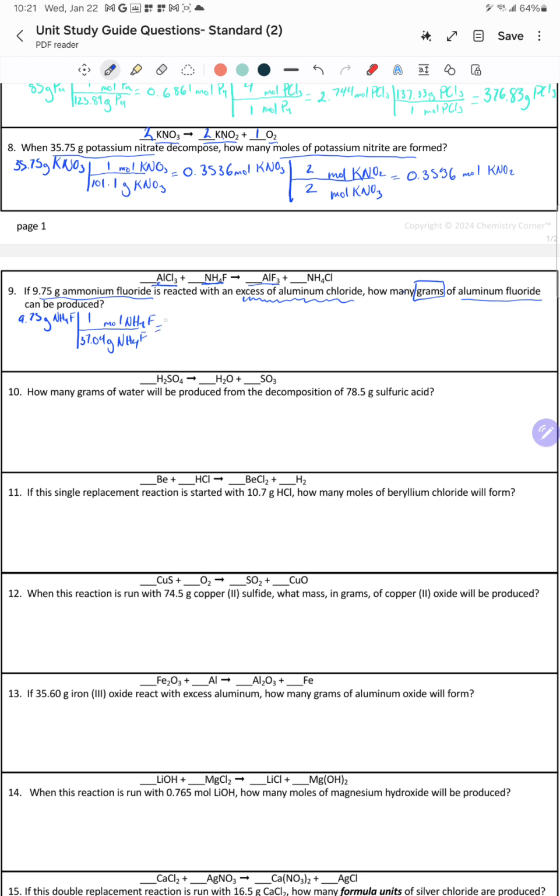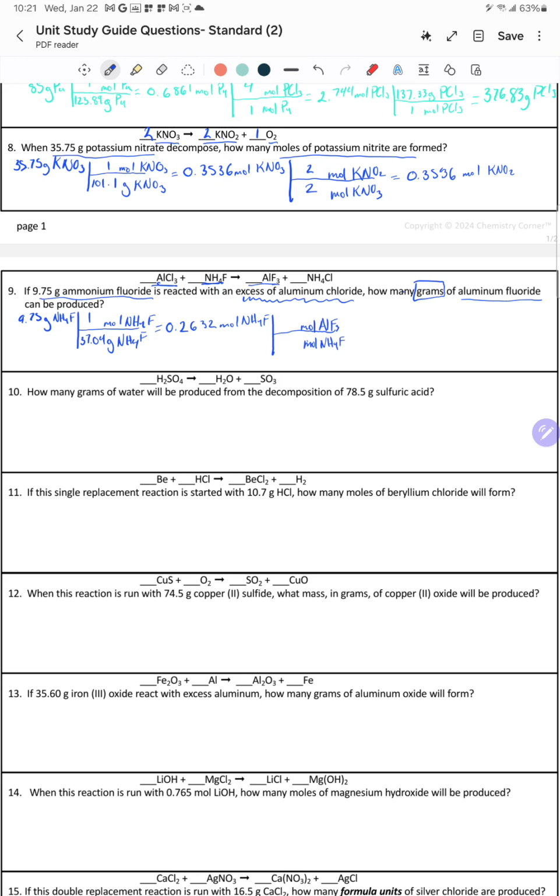And when you calculate this, it should give you 0.2632 moles of ammonium fluoride. Now I've got to convert moles of ammonium fluoride to moles of aluminum fluoride. So I need to go from moles of ammonium fluoride to moles of aluminum fluoride.